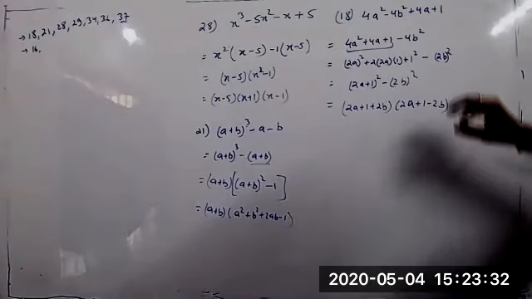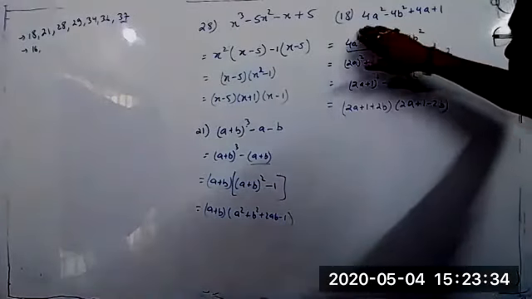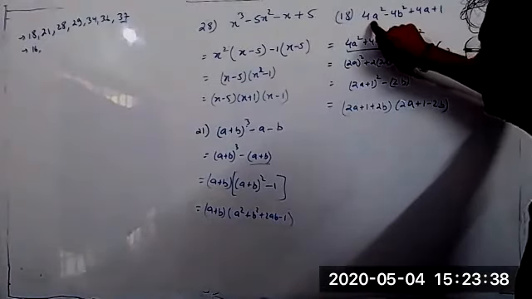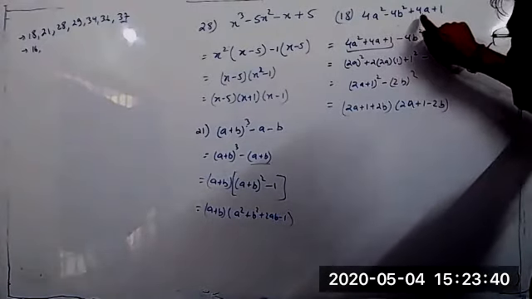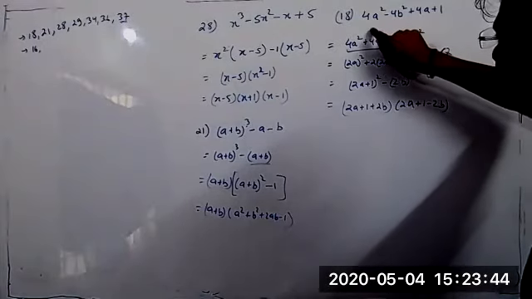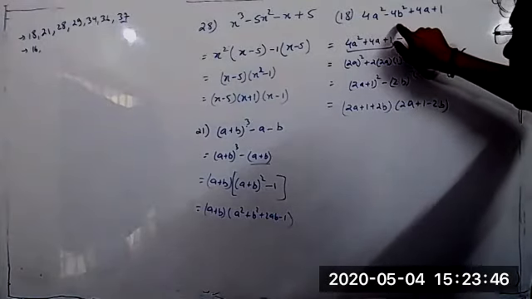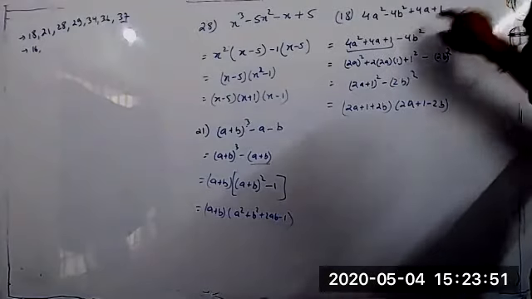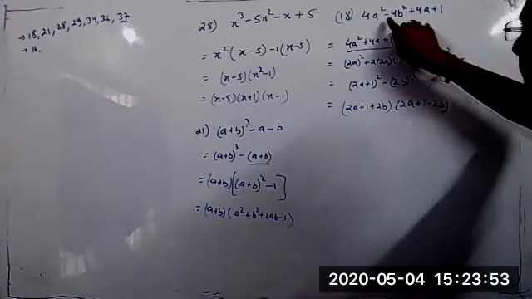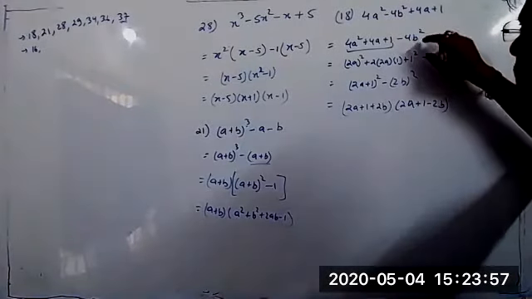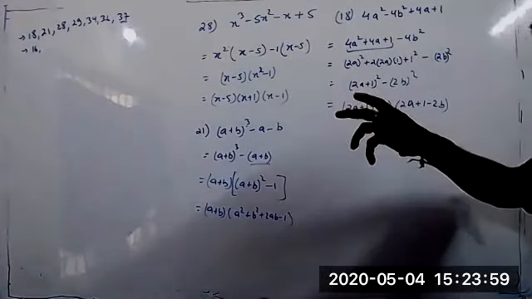This is 2a the whole square, this is 2b the whole square, this is 4a and plus 1. If I write 2a square plus 2b square, you are not getting it. So if we take this out, then these 3 can be together and this is minus. So a square minus b square will come. You have to think like that.